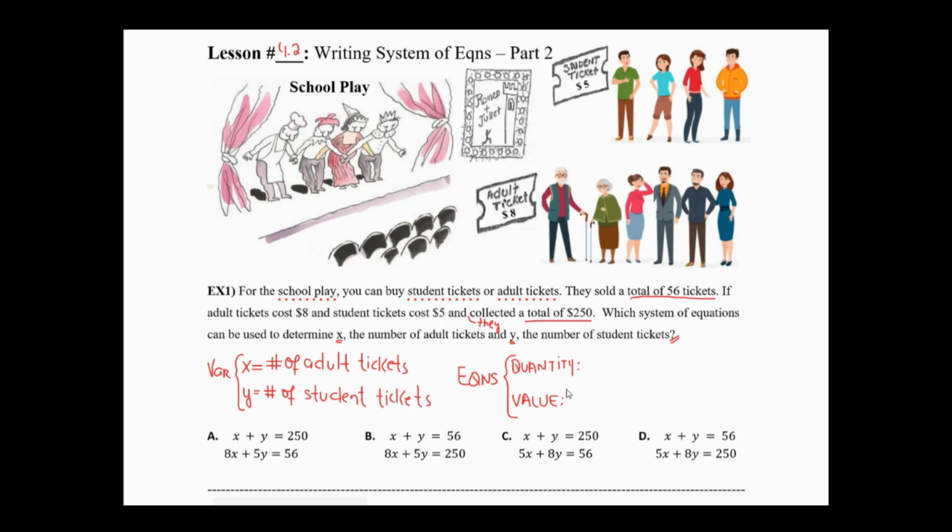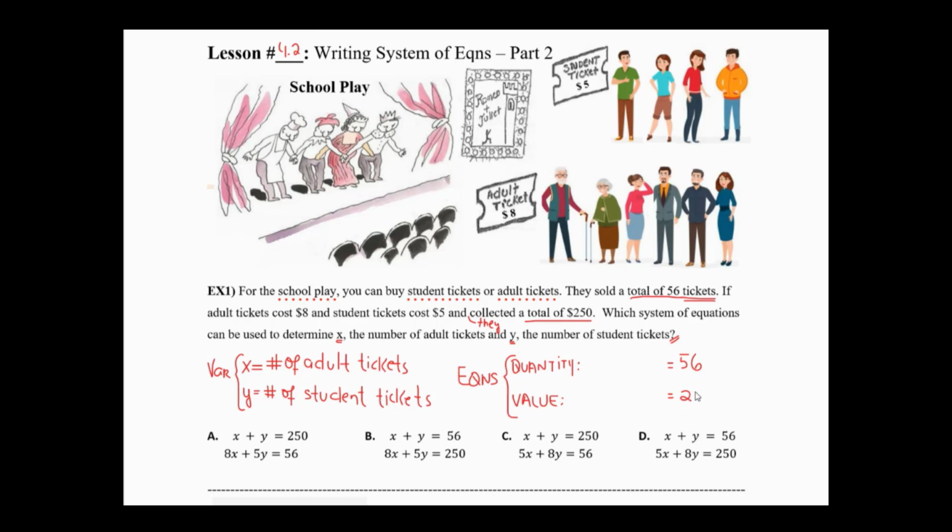There are two types of equations here: one that represents quantity, how many items were sold, and one that means value, how much money they totaled. Basically, you're looking for the totals. They sold a total of 56 tickets. Well, that's a quantity, how many tickets they sold, so that will be 56. The other total is $250. That means the value. How much was it?